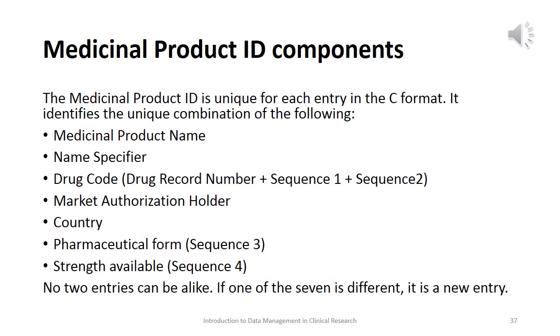We'll have the market authorization holder, which is the name of the pharmaceutical company. We'll have the country that it's authorized to be administered in. We'll have the pharmaceutical form, which will be sequence 3. Then we'll have the strength available, which will be sequence 4. So it's important to understand no two entries can be alike. If one of these 7 items is different, it's a new entry. Our upcoming example will illustrate this.